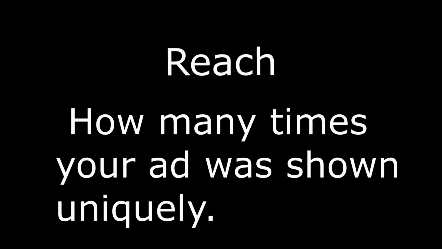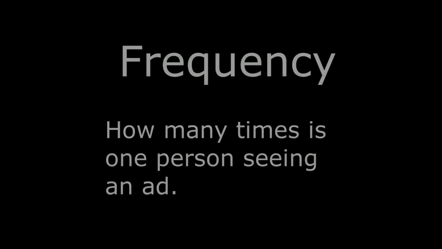You have 1,000 impressions. Your ad was shown 300 times to unique audience, as an example. Then there's frequency. How many times is one person seeing an ad? A percentage of impressions divided by reach.